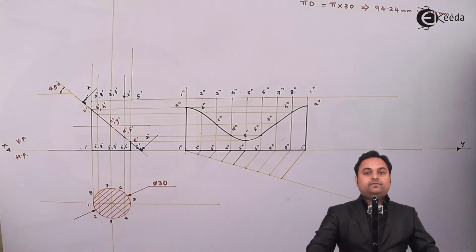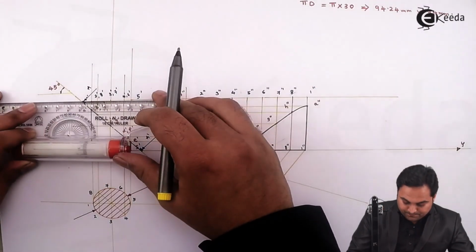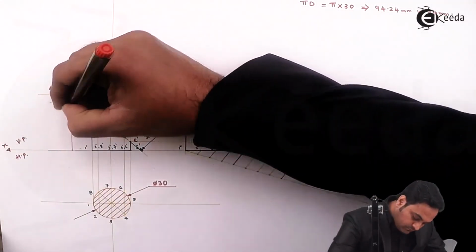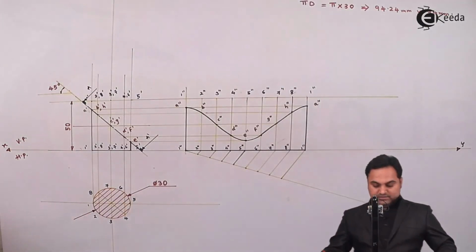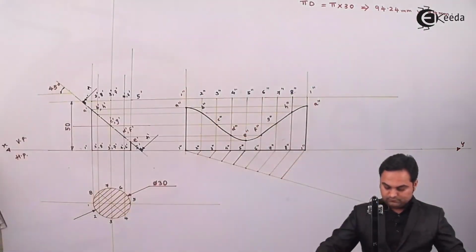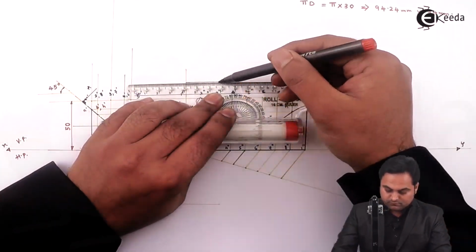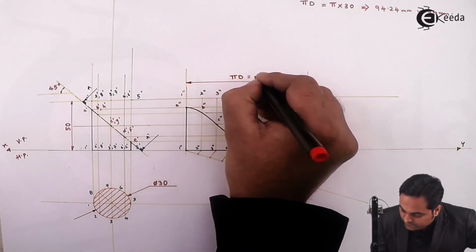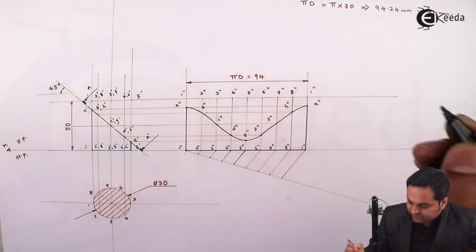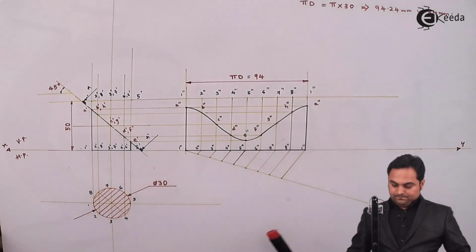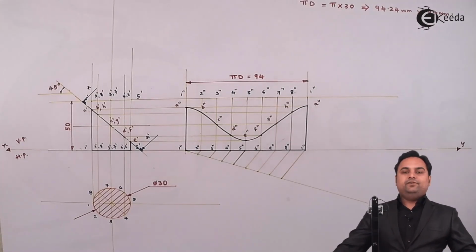Height of the cylinder 50 mm. And then the circumference pi d, that is 94. And with this we complete the problem.